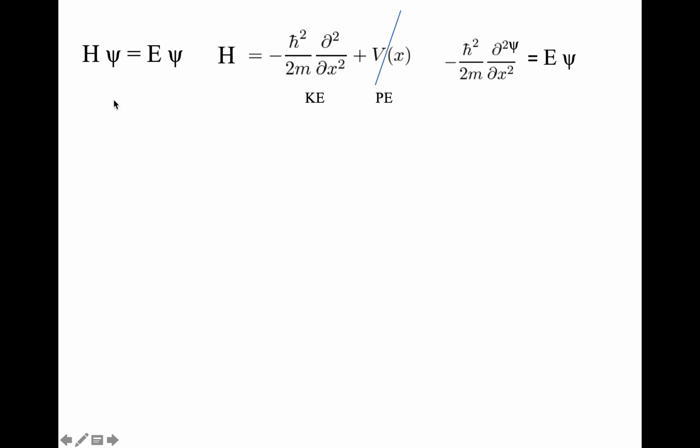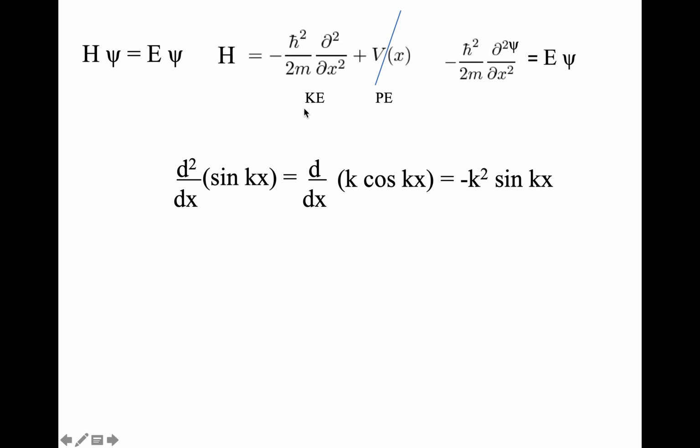So we had our Schrodinger equation. For a particle in a box, we were only interested in the kinetic energy. We saw that the sine function would work as the suitable wave function: differentiated twice, it returned its value, returned the function. So we have now what would work for our wave function.